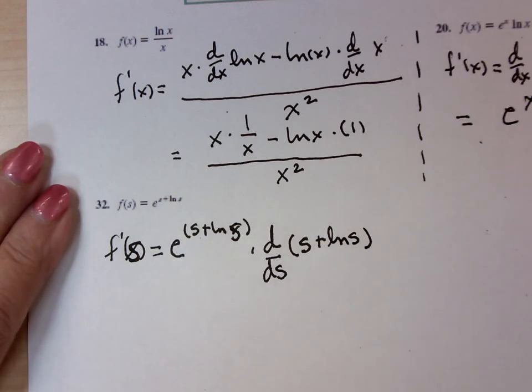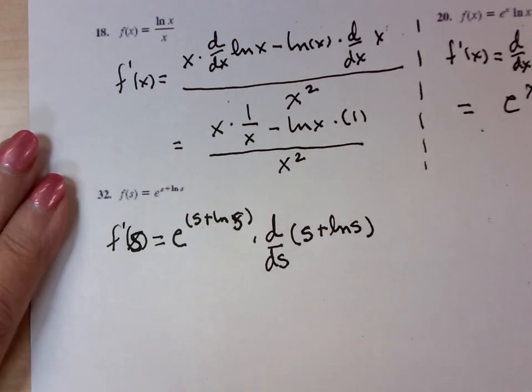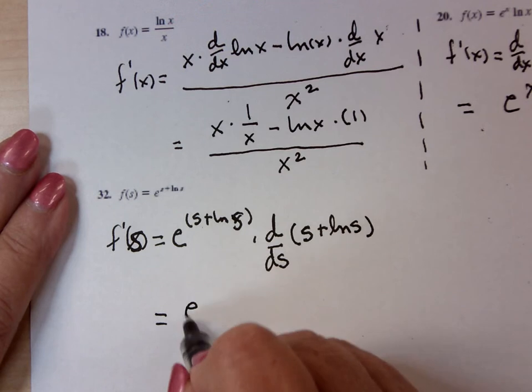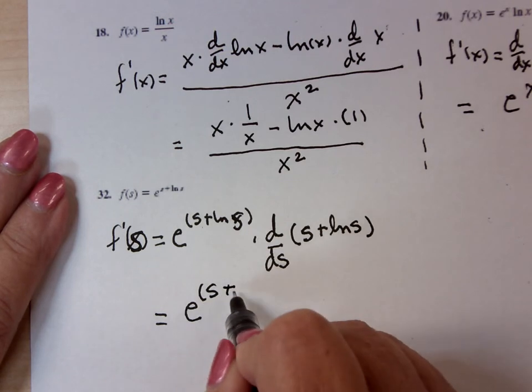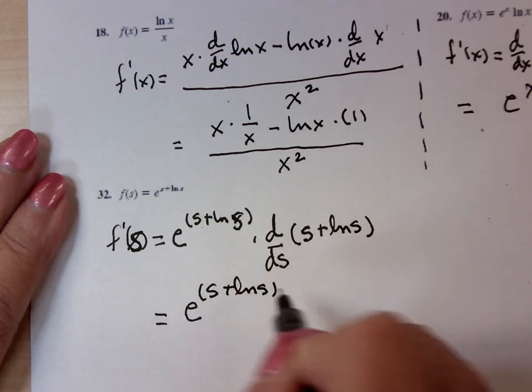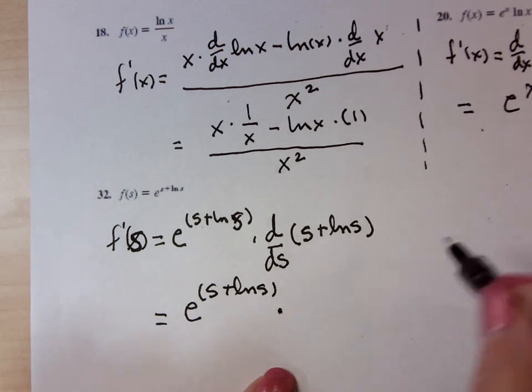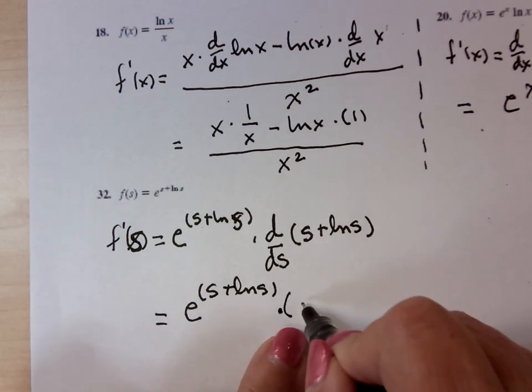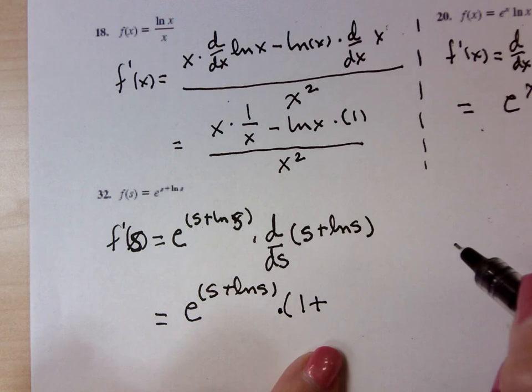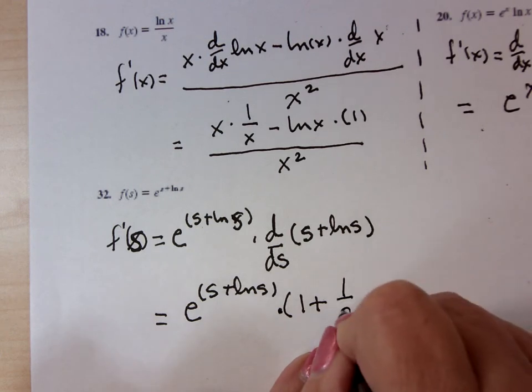So e to the blob times the derivative of the blob. So it's e to the blob times the derivative of s is 1 plus the derivative of natural log of s is 1 over s.